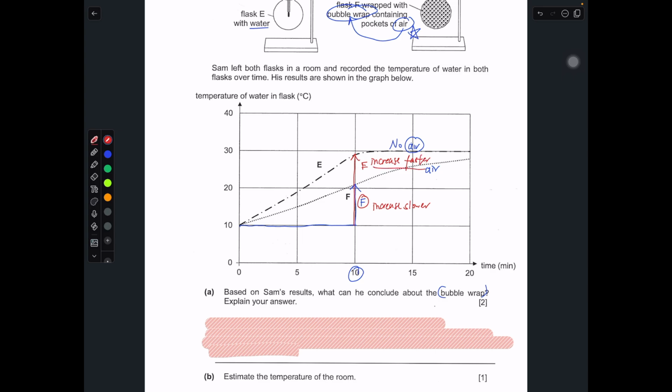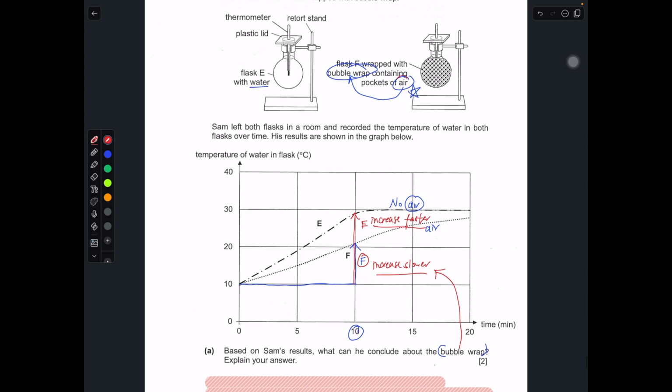Over here it's trying to show one thing. It's trying to say that the bubble wrap is increasing the temperature of the water at a slower rate. The water is gaining heat from the surrounding, but it's gaining heat slower. It's due to the bubble wrap.